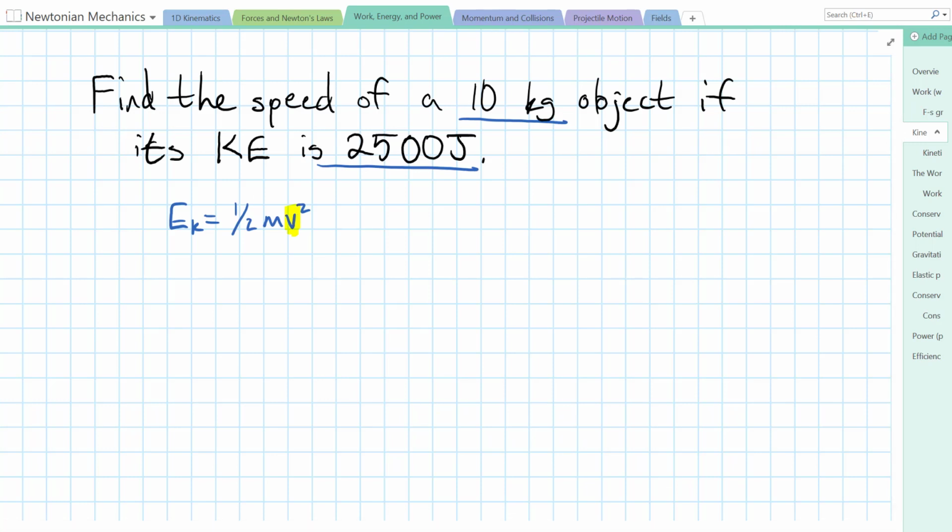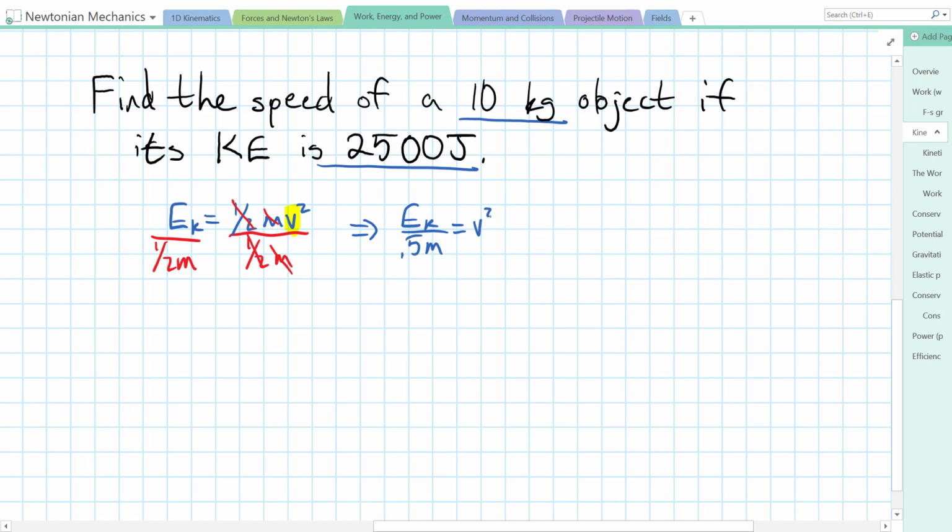To solve for speed, let's divide both sides by 1/2 m. 1/2 m cancels on the right, and we're left with kinetic energy divided by 0.5 m is equal to v squared.